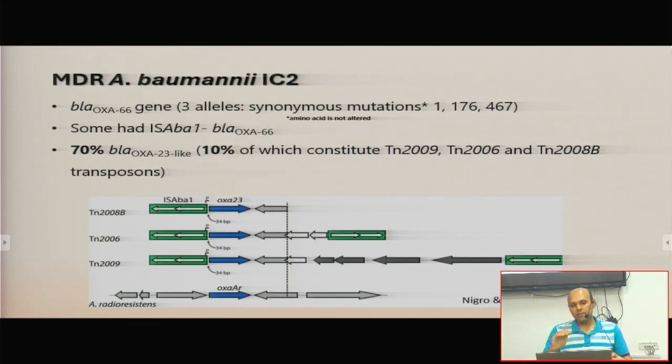Alleles are nothing but variations of a gene, and these alleles are based on a database. Some of the strains have ISAba1, an insertion element linked with the OXA66 gene. OXA66 is the core gene of clone 2.